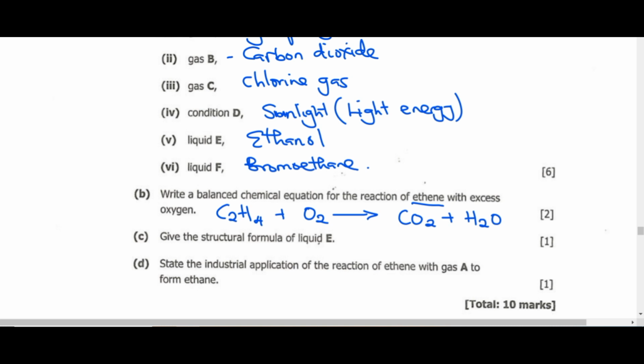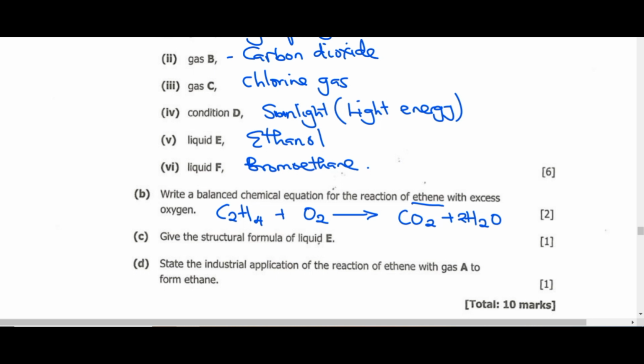Now this one is not balanced because for carbon, we have 2 atoms here and only 1 here. Here we have 2 atoms of oxygen, and in the products we have 3. For hydrogen, we have 4 here and 2 there. So for us to balance, we have to compare. We have 4, so we can put a 2 here, such that 2 by 2 gives us 4.